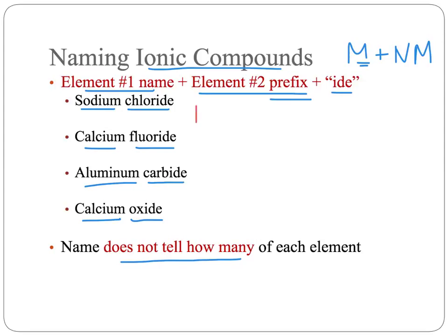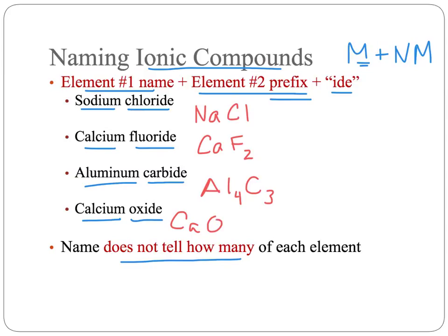So sodium chloride we've talked about already, Na for sodium, Cl for the chlorine or chloride in this case, and it's a 1-to-1 ratio. Calcium fluoride, we've got calcium Ca. Fluorine is an F. For calcium fluoride, we have to have 2 fluoride ions there to make a neutral compound. Aluminum carbide, well that's aluminum and carbon, but we need 4 aluminum and 3 carbon to make a neutral compound. Calcium oxide is just 1 calcium and 1 oxygen.